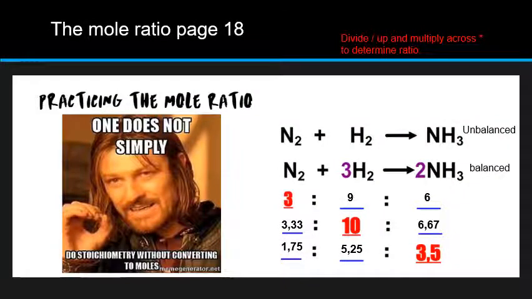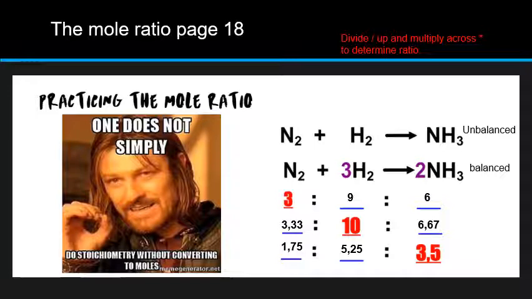An example of how we use this mole ratio has been placed on page 18 for you using ammonia. The first line shows an unbalanced chemical equation. It shows the nitrogen and the hydrogen, and then it shows the product of ammonia. But there are no coefficients added. It's unbalanced. Please write that in on your page.